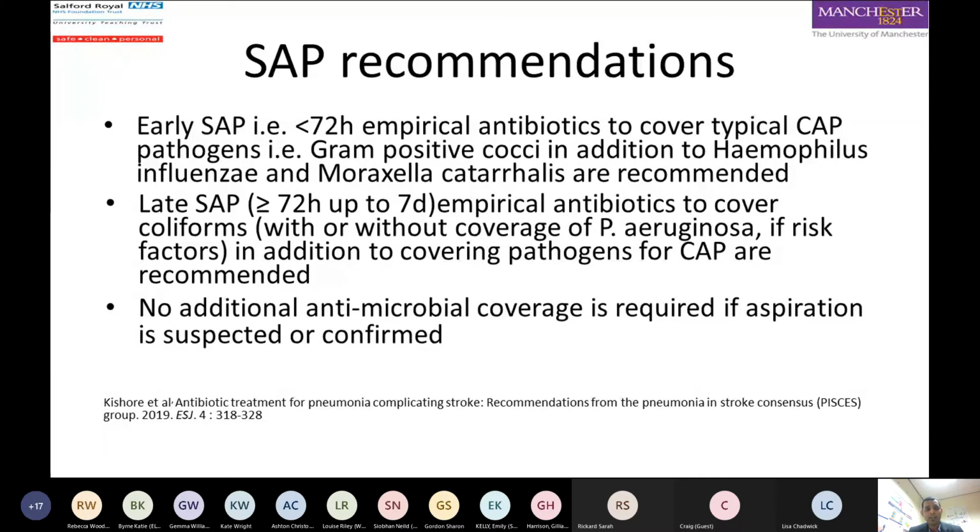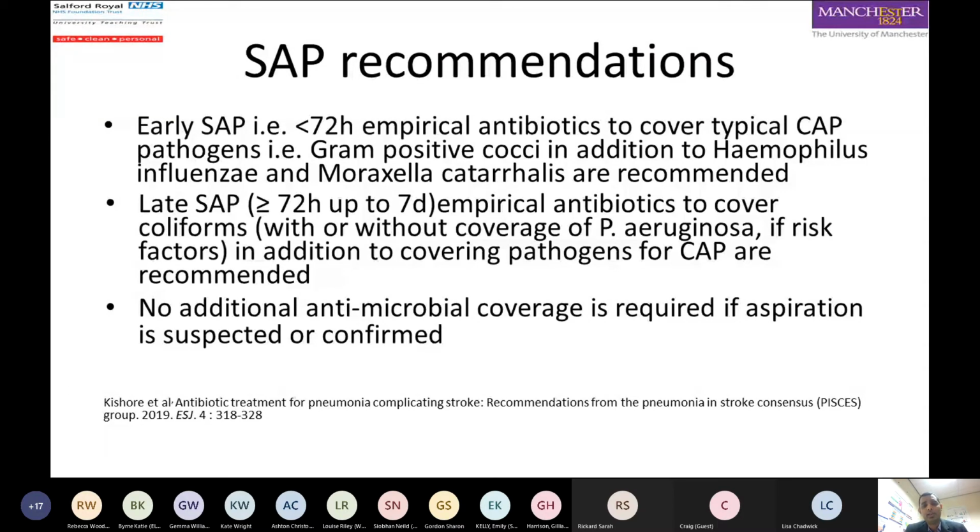H. influenzae and Moraxella are gram-negative bacilli, so a mixture of typical CAP organisms, which includes Strep. pneumoniae as well as H. influenzae and Moraxella. And this is something we've based on the available studies on community-acquired pneumonia. So, for example, in our patient, using penicillins, the benzyl penicillin and doxycycline seemed reasonable because it will cover most of these organisms.